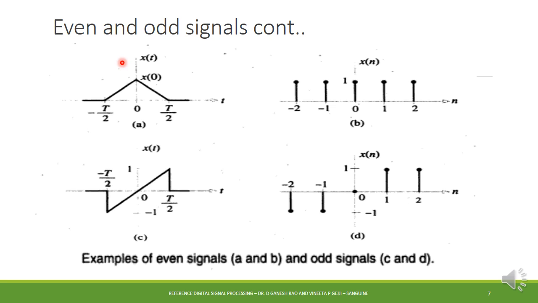So that is why it is called an even signal. Next comes the odd signal. Here C and D, what the figure shows, they are the odd signals. They are reversed, just you see. X of T by 2 is equal to minus T by 2. Here it is 1, 2 and here it is minus 1 and minus 2. These are the figures for the even and these are the figures for the odd.